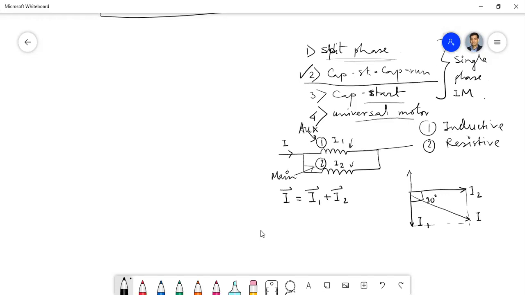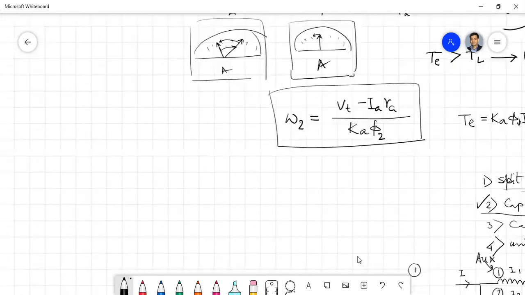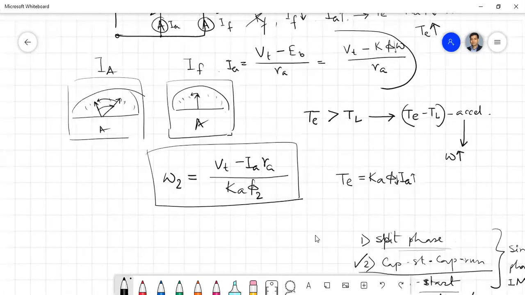Here in the auxiliary winding, we create a capacitive effect to get the leading current. One more advantage of using this capacitor is that we can improve the power factor. So this is a different discussion. Do you need any other clarification?